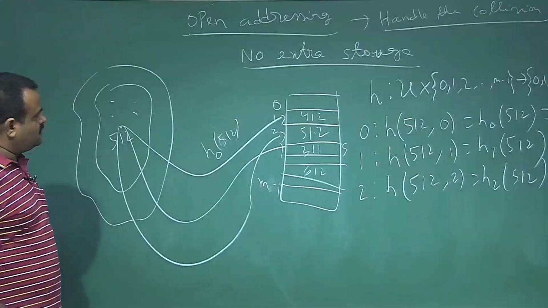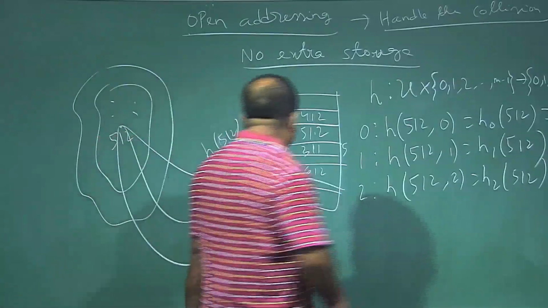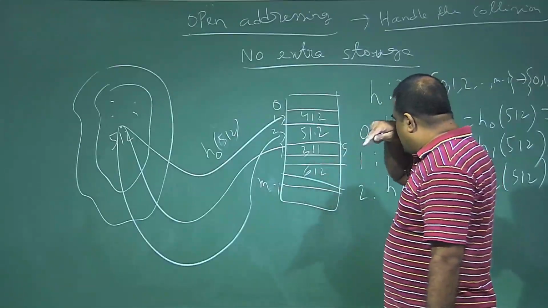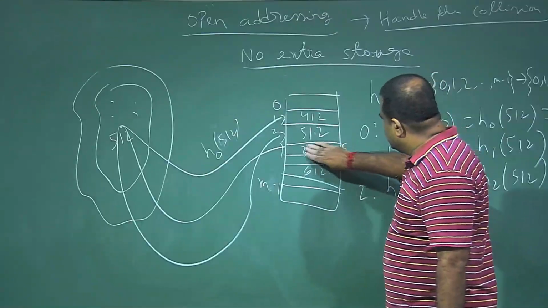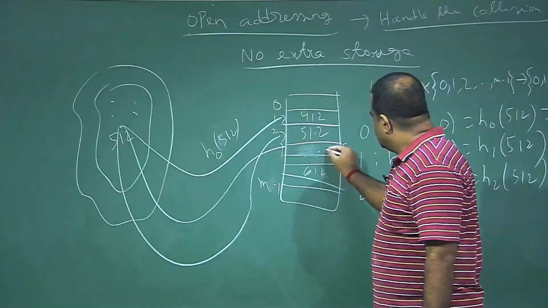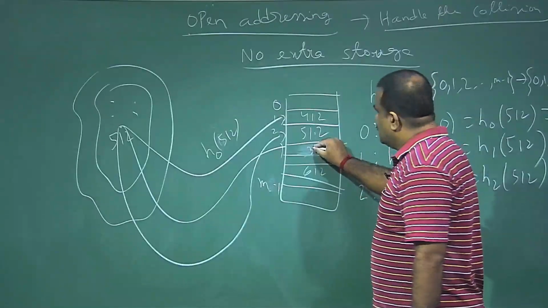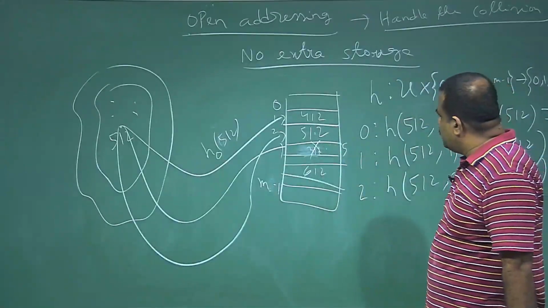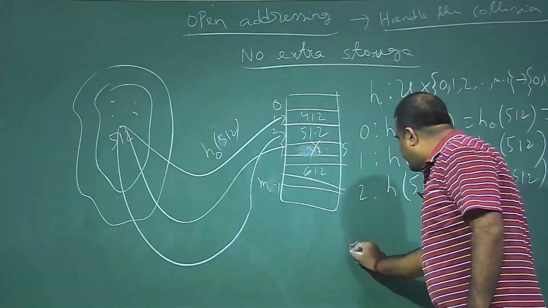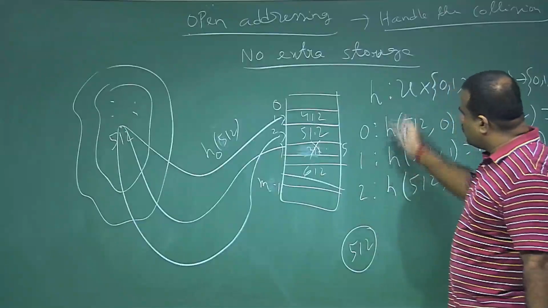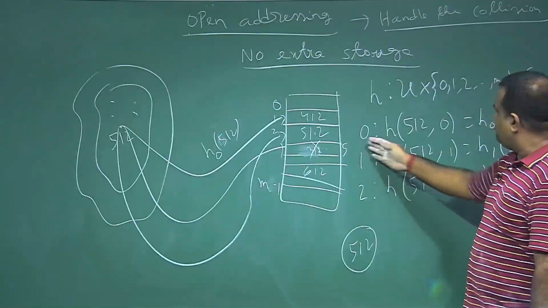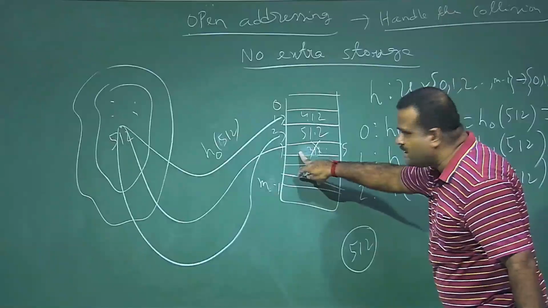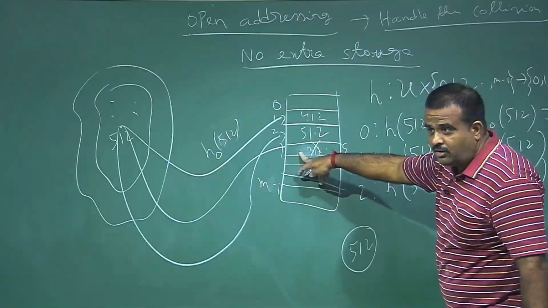Now, deletion is a problem with this. Suppose the first probe hits here, and the next probe hits here, and suppose we deleted key 311 from this slot and made the slot empty. Then suppose we search for 512. We apply the 0th probe, it hits here, then the next probe hits the empty slot.